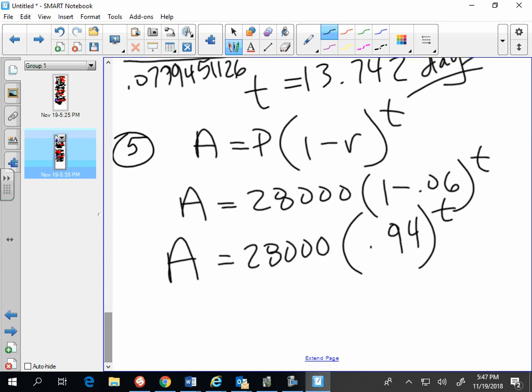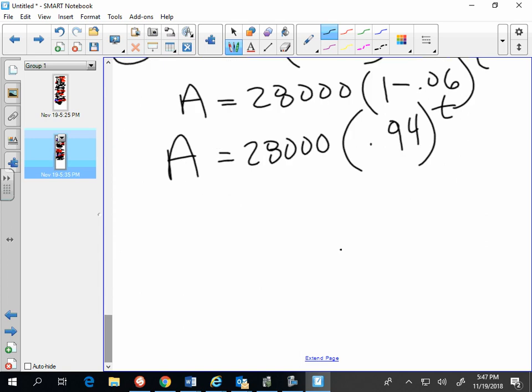I plug in a number for time, and I'll get out the value of the car. Now this problem, though, says I want to sell the car when it still has 30% of its original value. Well, originally, the car was worth 28,000. And I want to know when A equals 30% of 28,000.